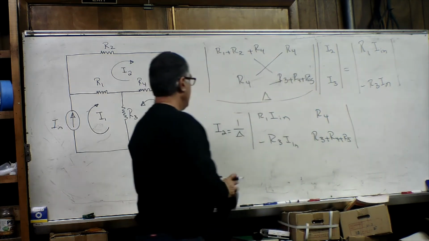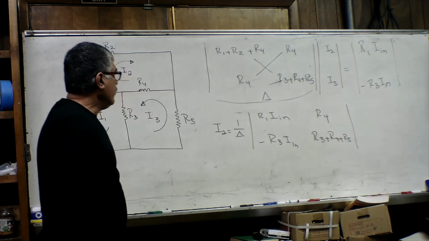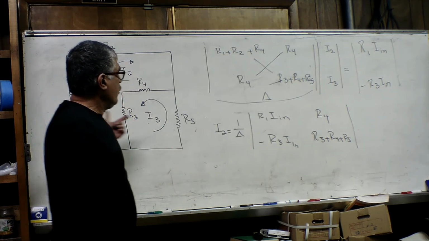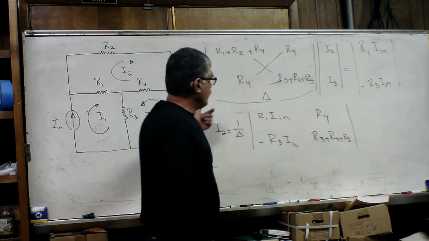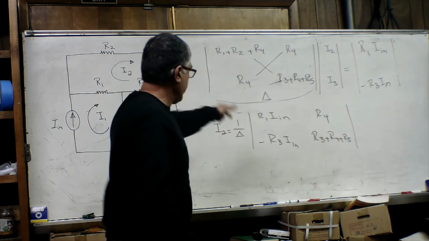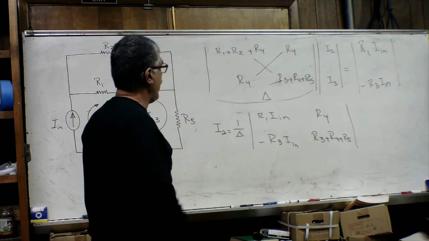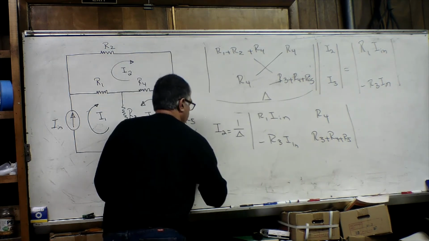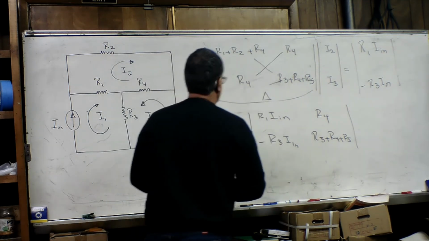So this is the value for I2, and all we need to do is have the values for our supply current and resistors, plug them into that formula and solve for I2.